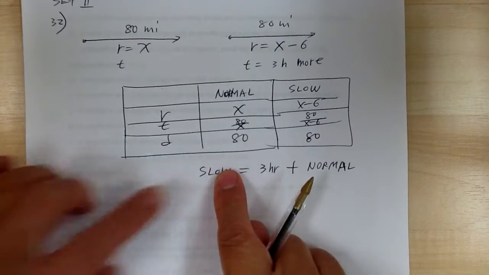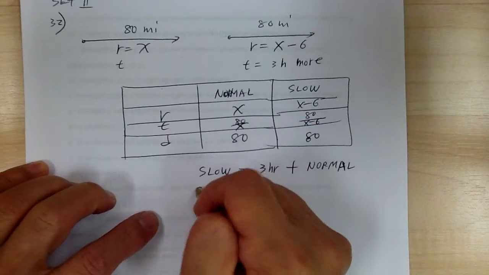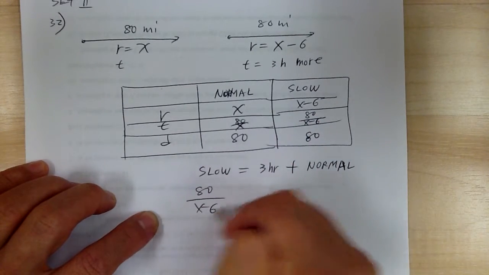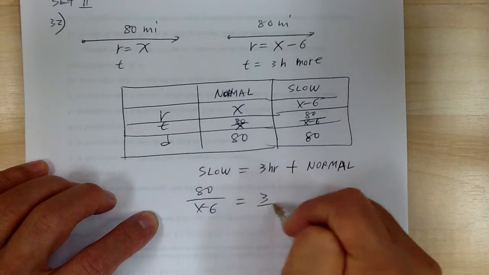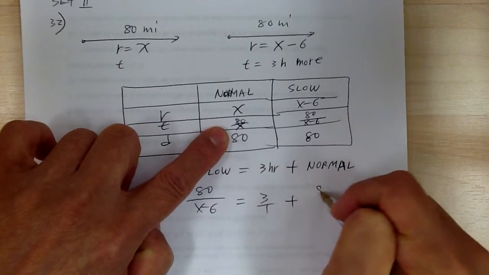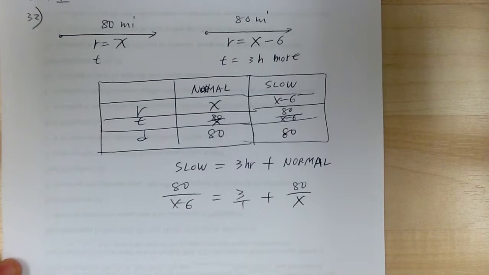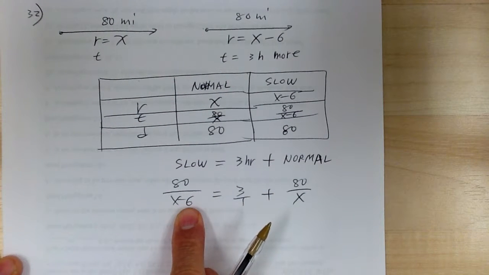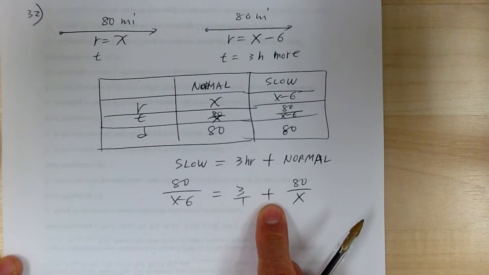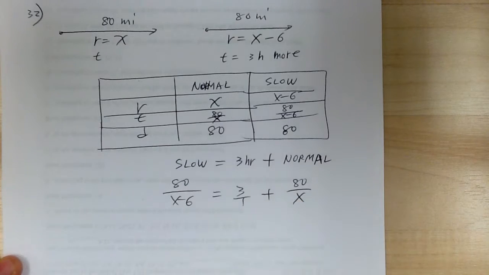So the slow over here, the time is 80 over x minus 6, and it's 3 over 1 plus the normal, which is 80 over x. So again, the time for slow is 3 hours more than when you're going normal speed.